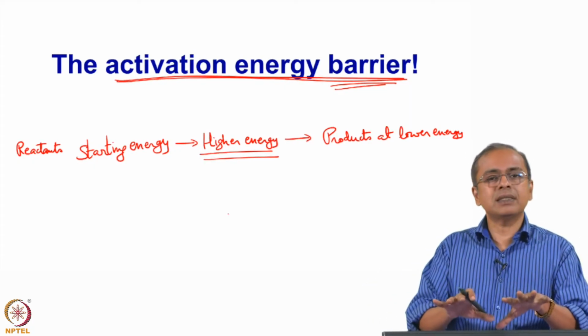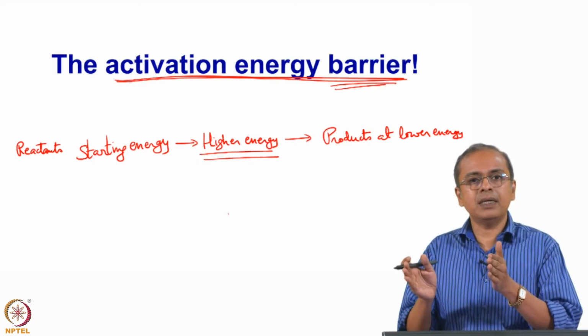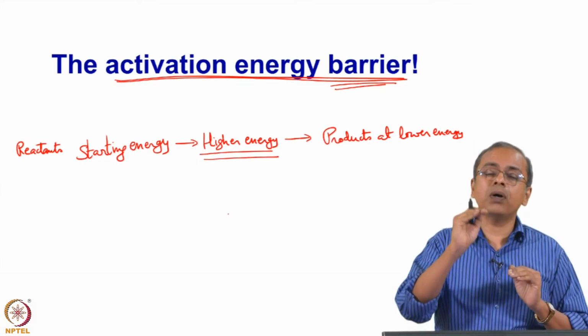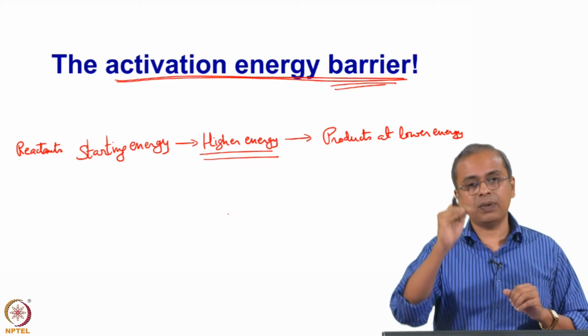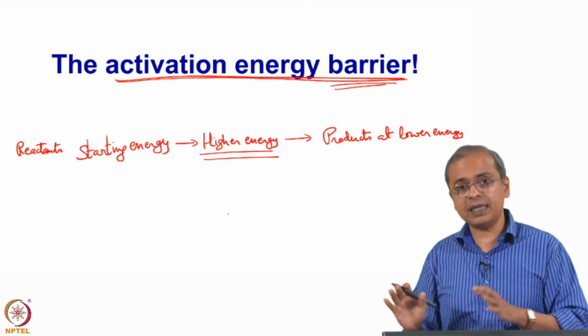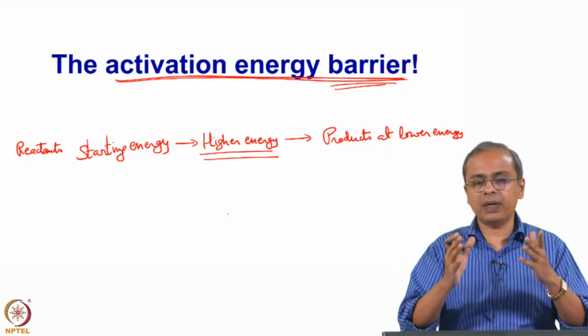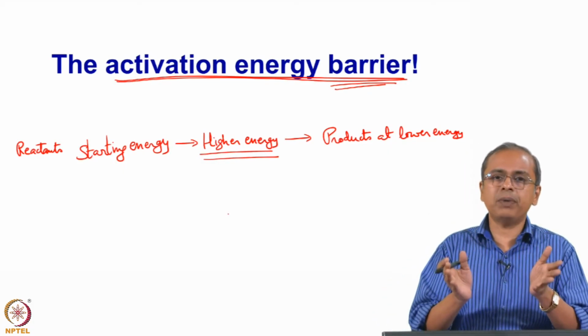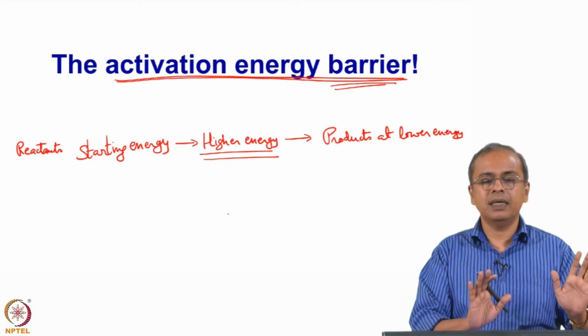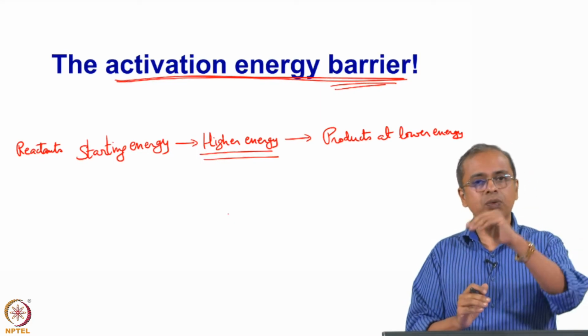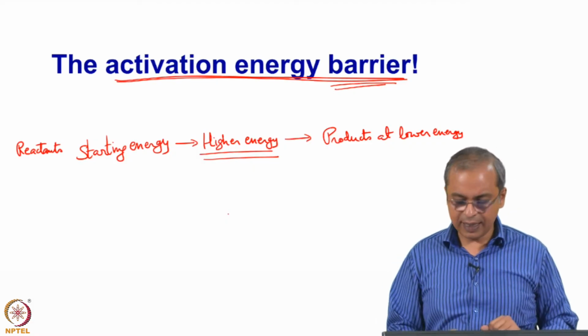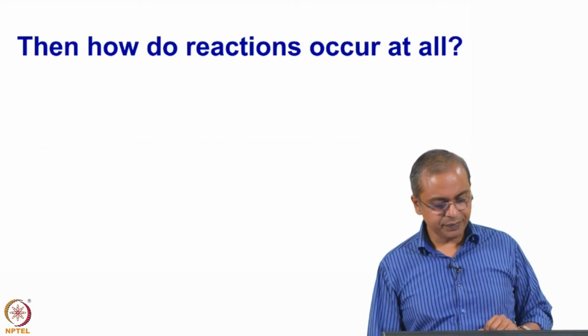Then when we examine the system, we find that actually for that to happen, in between it has to go above, it has to rise in energy to a higher energy level, and only after that it should drop to a lower energy level. And it is that process of going up to a higher energy level that forces a fair bit of carbon to remain as carbon, and you have to do something to push it over that barrier, and then the reaction proceeds, right. So, this is the idea.